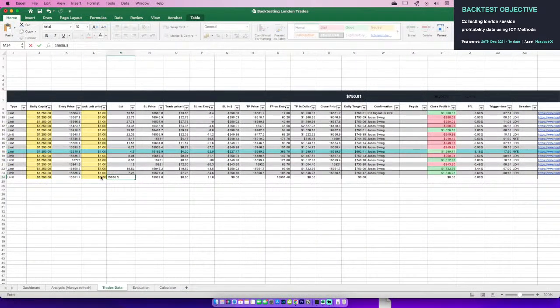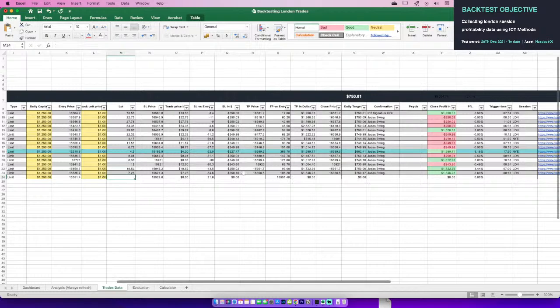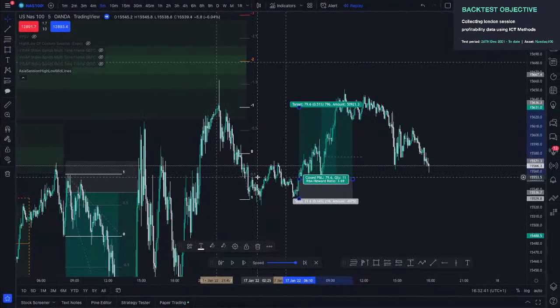But this one trade a day backtest, London session only, kind of says otherwise. So it's definitely something that's worth exploring.